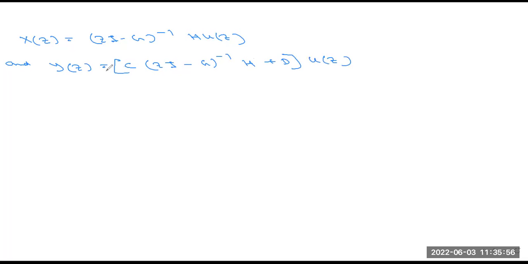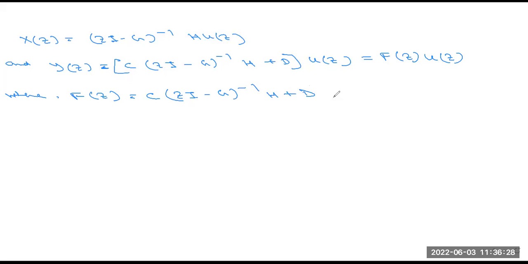Previously we explained these equations, so we express this as F(z) into U(z), where F(z) is equal to C(zI minus G) inverse H plus D. This is equation number 5.